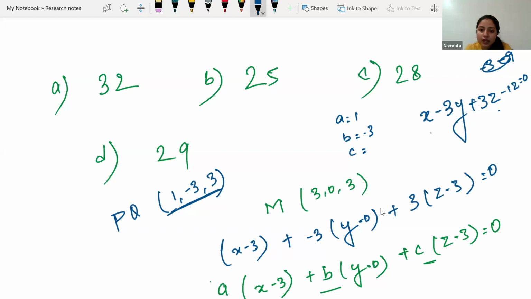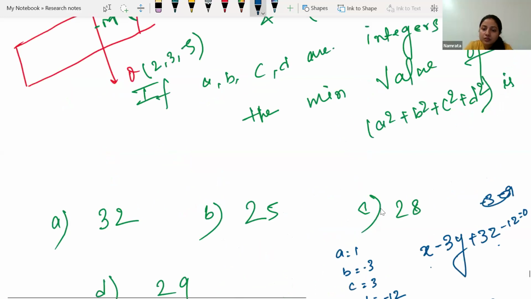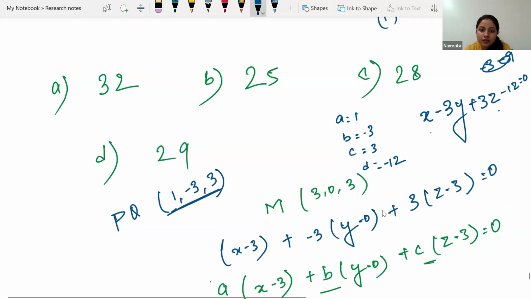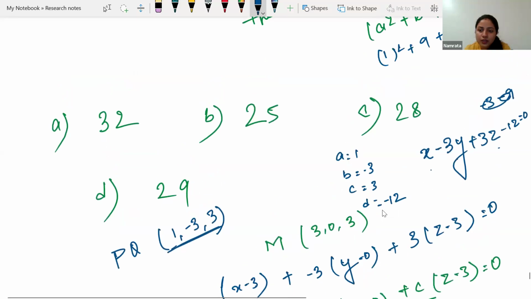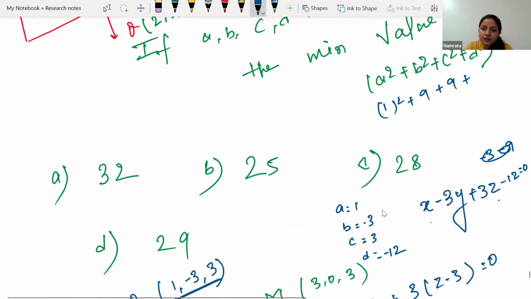So a square, b square, c square, d square: 1 squared is 1, b square is minus 3 squared, 9, c square 3 squared, 9, d square is 12 squared. But this is becoming larger and the options are smaller. Just a moment.